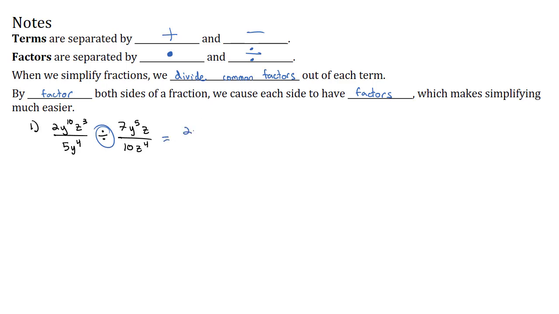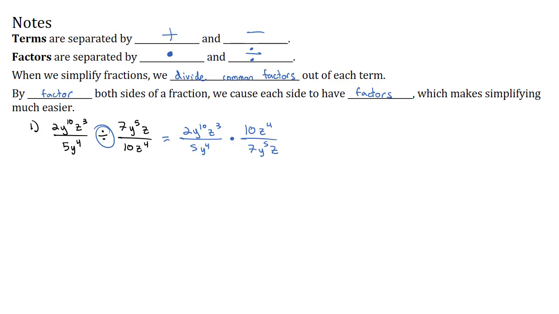So I'll keep this first one the same, 2y to the 10th z cubed over 5y to the 4th, and we're going to multiply by the reciprocal of the second part, which is 10z to the 4th over 7y to the 5th z.